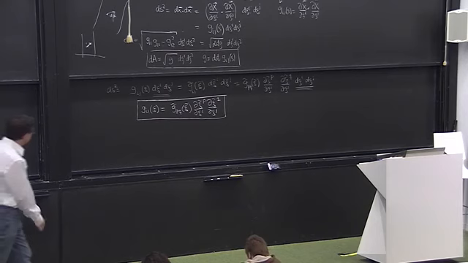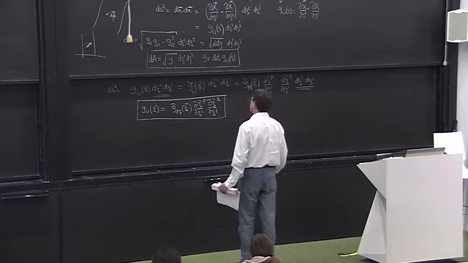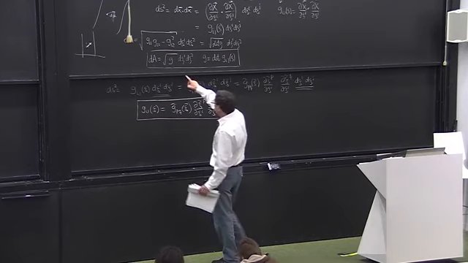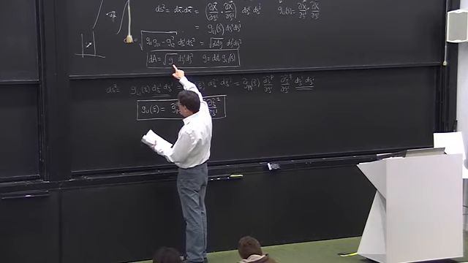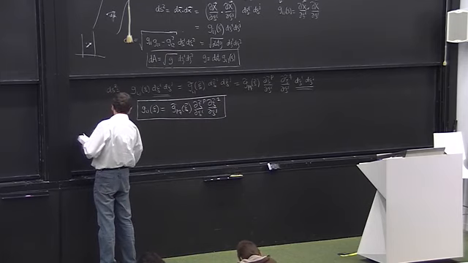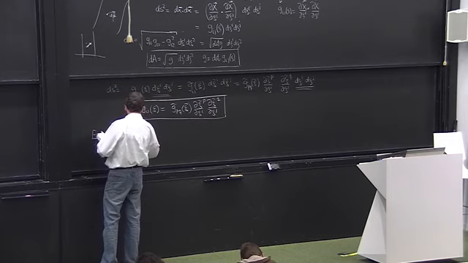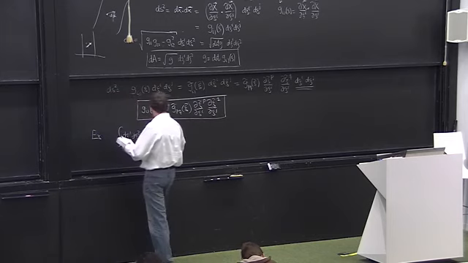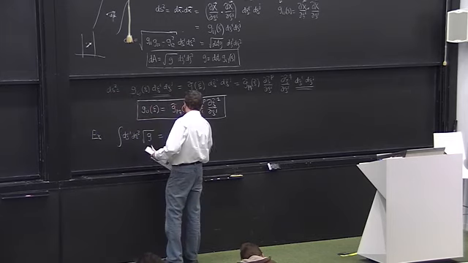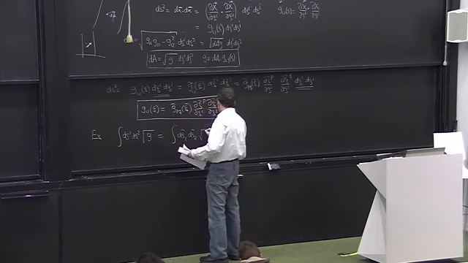So here comes a little exercise for you. You can now show, exercise, that this formula, d psi 1, d psi 2, square root of g, is equal to d psi 1 tilde, d psi 2 tilde, square root of g tilde.